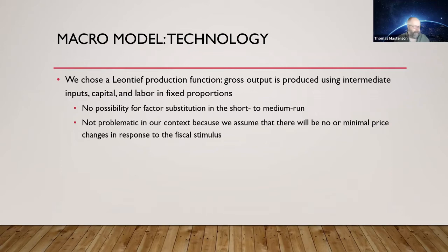Now you can use various combinations of capital and labor to produce cars, right? Depending on the relative prices, you can make that argument. But the idea of the marginal physical product of each of these kinds of factors, that they can vary the quantity of labor while holding the intermediate bundle constant, just doesn't make any sense, right? There's no way you can produce more or less cars without changes in the quantity of steering wheels and tires.